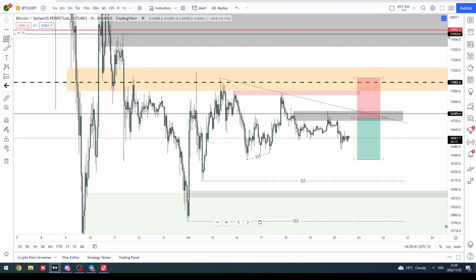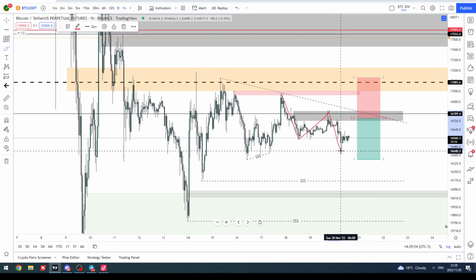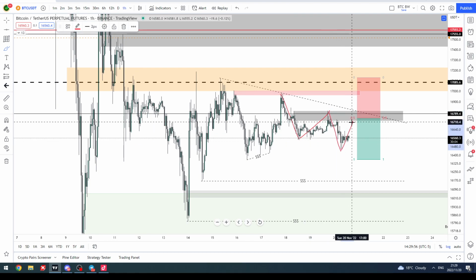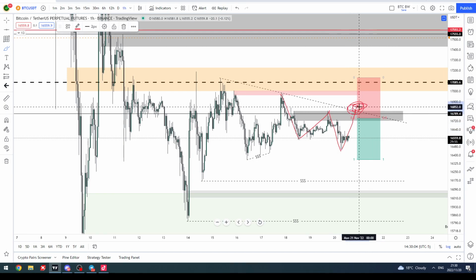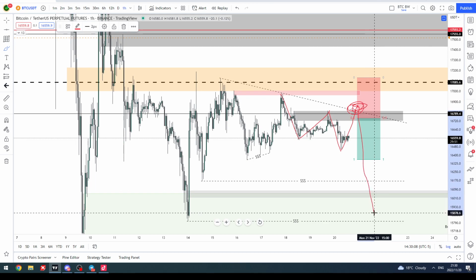So we have another sort of case here where we can call this accumulation, failure swing, opposing run on liquidity, and if the market comes here, right, if BTC comes here, then this would be another opportunity for us to actually sell and run it down lower.